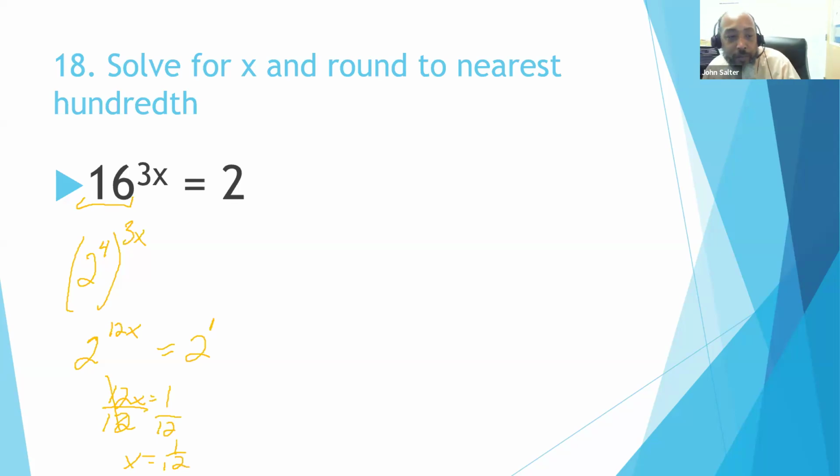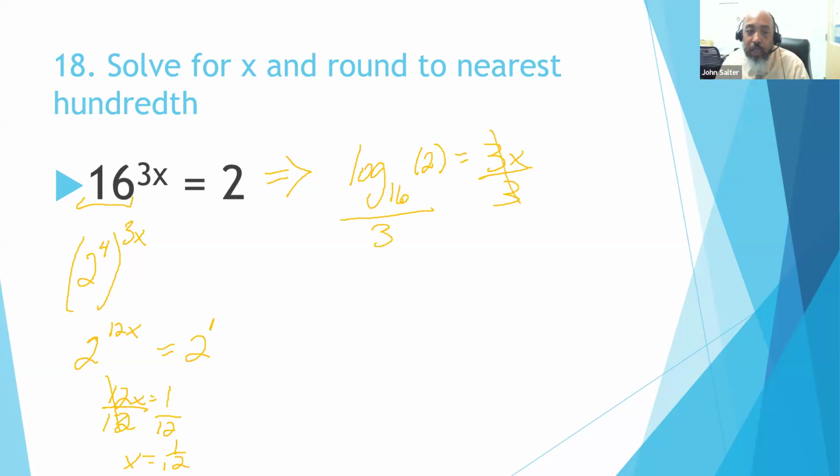Other way I would have done it is I would have changed this exponential into a logarithm. It'd have been log base 16 of 2 is equal to 3x. And then I could just divide both sides by 3. This log base 16 of 2 is absolutely a calculator function.